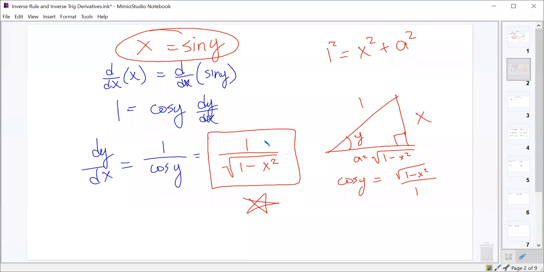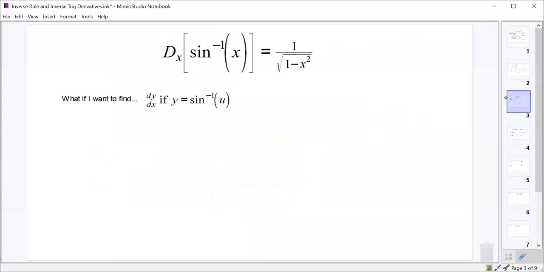Do you think we could apply the chain rule to this if instead of having inverse sine of x, I had inverse sine of a function? Hopefully so. So inverse sine of u, let's suppose it was inverse sine of x squared that we wanted to take a derivative of. That would be y equals the inverse sine of u, with u equal to x squared.